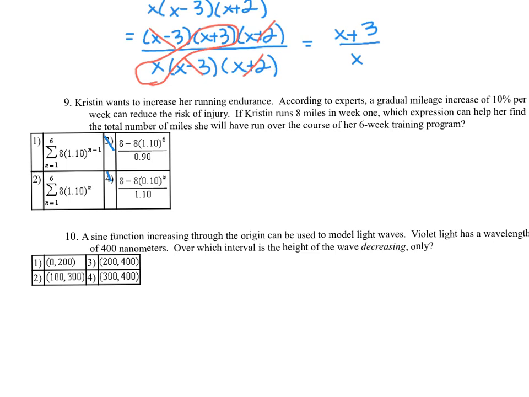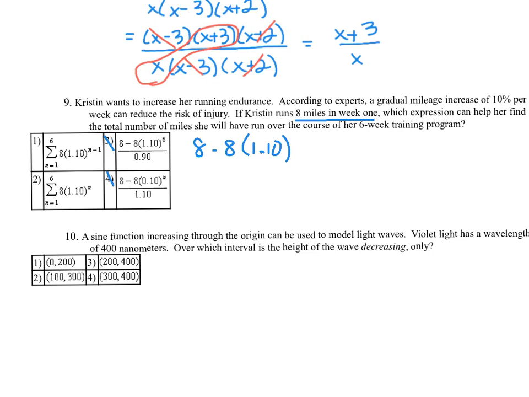Because remember, the sum formula says a sub 1, which in this case is 8, minus a sub 1 times your r, which is 1.10 because we have a 10% increase, to the n power.